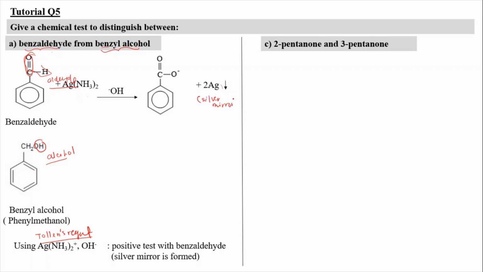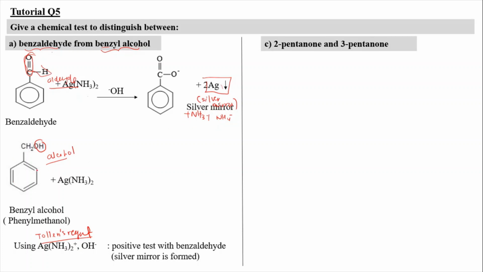There are going to be other byproducts as well, for example ammonia and ammonium ion. However, the most important part for the identification test is the color of the argentum. Okay, now, this one is the silver mirror.